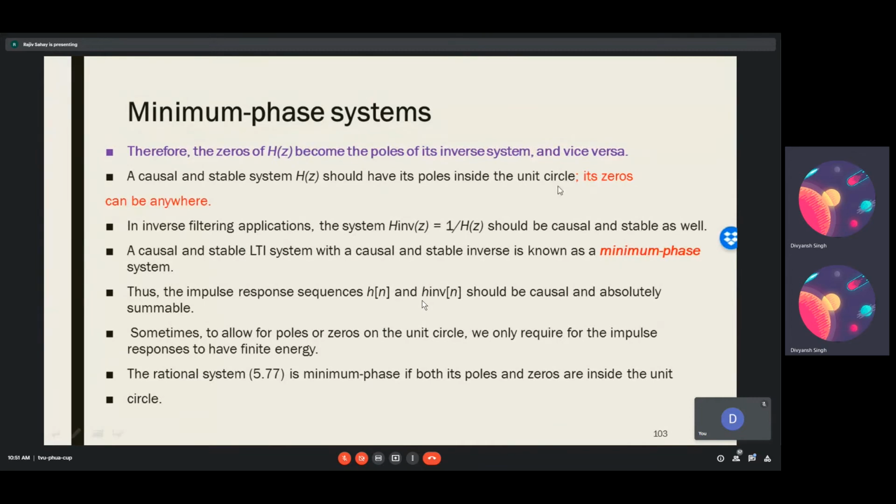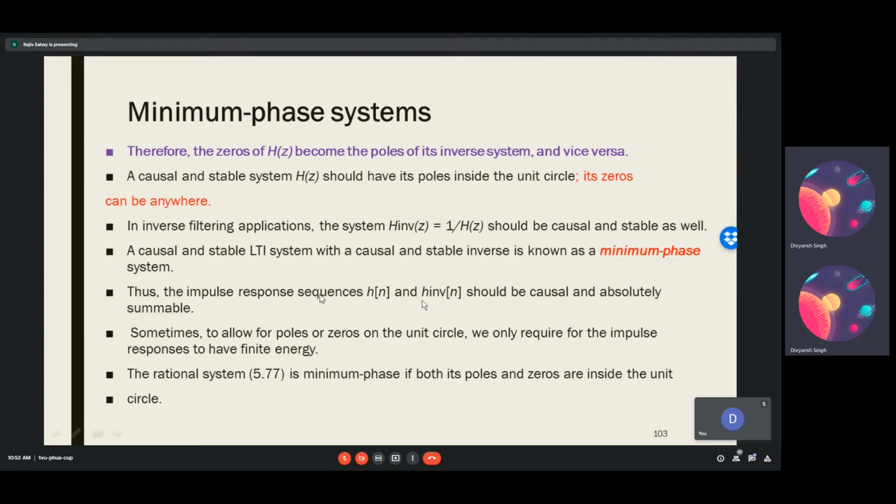To ensure that H(z) has a causal and stable inverse, both poles and zeros must lie inside the unit circle, and such a system is known as a minimum phase system. We'll understand what is minimum phase about it. But just to give you a definition, a system H(z) whose poles and zeros both lie inside the unit circle is said to be a minimum phase system.